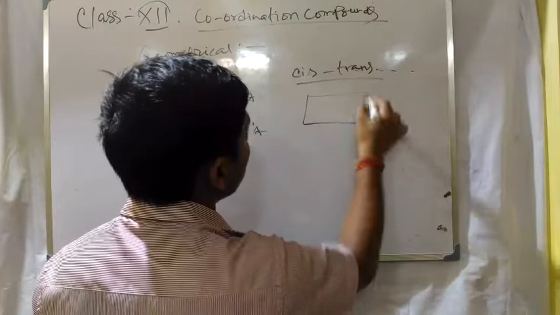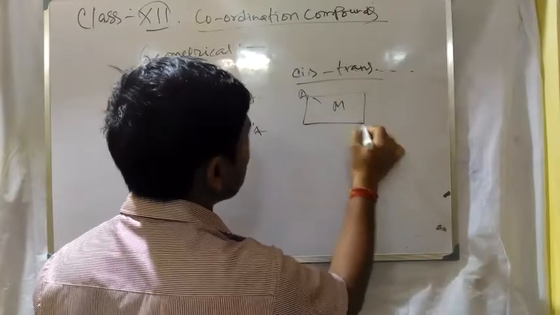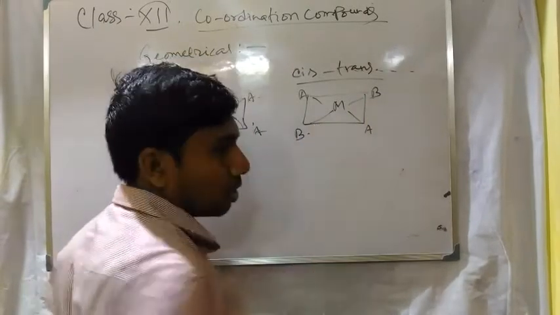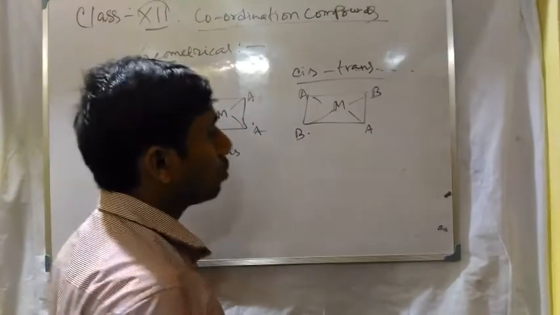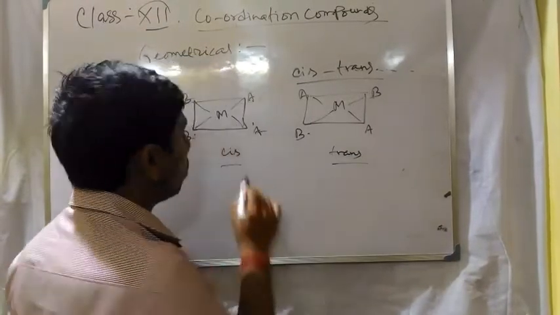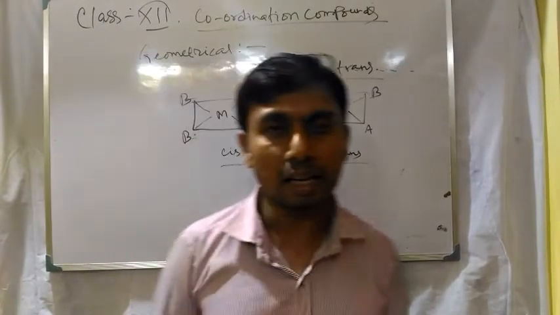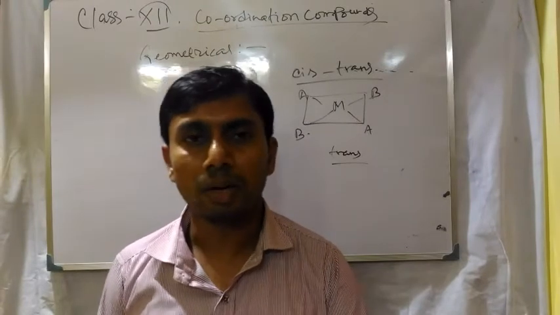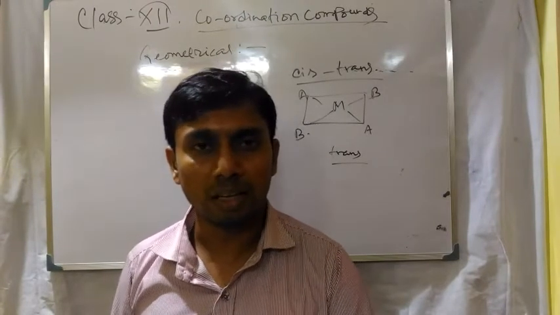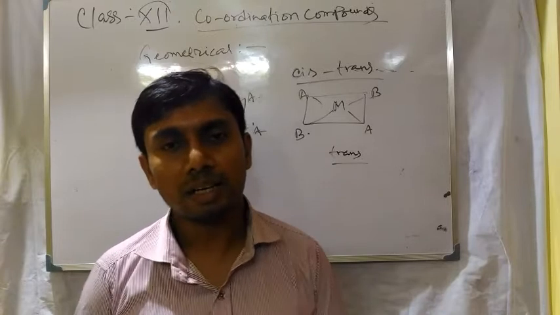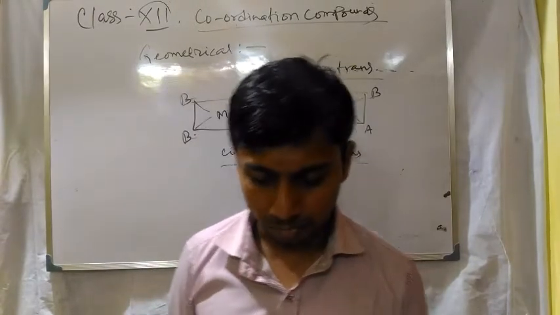And what will be the reverse case? When the same ligand is opposite to each other, then it will be a trans. So when the same ligand is adjacent, it is called cis, and when it is opposite, that is the bond angle is 180 degrees, it is called trans.